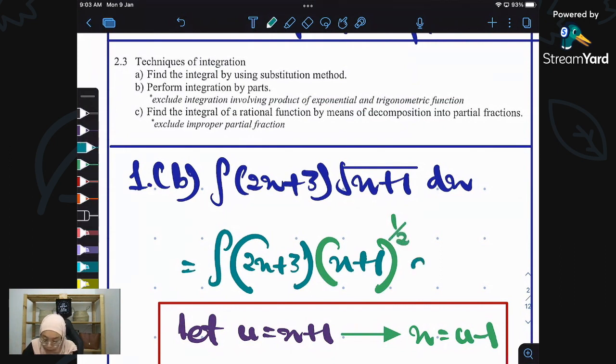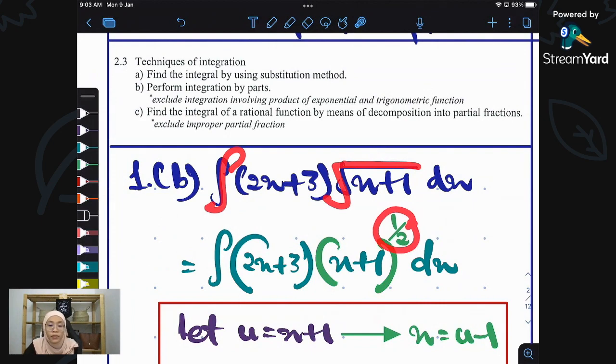That is the first step, guys. Always remember that. Whenever you see integration and you see a square root, change this first. Don't forget to change it. If you don't change it, you won't know what to do.